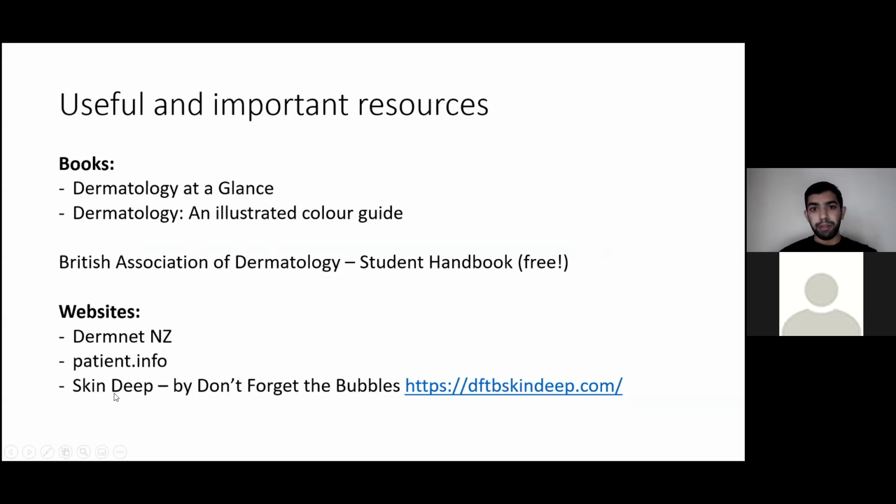One thing I really do want to emphasize to you is this website called Skin Deep. It's produced by a pediatric online education group called Don't Forget the Bubbles, and it's really kicked off in the last one to two years. I must admit, I'm still learning a lot about dermatology.